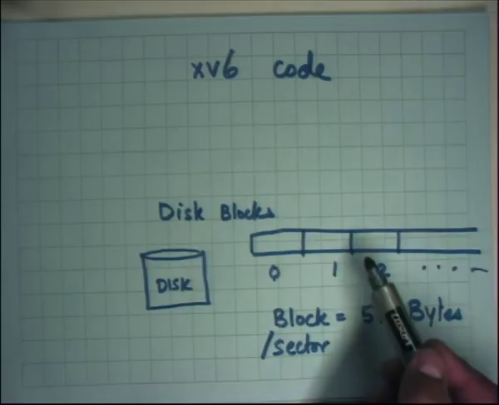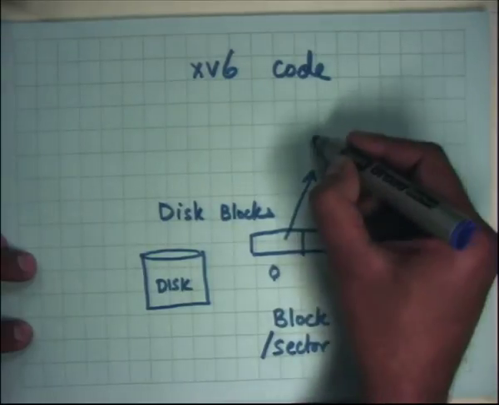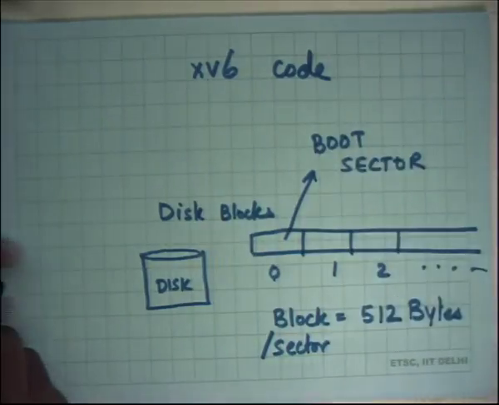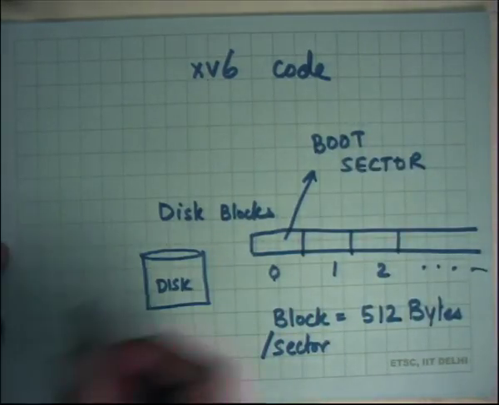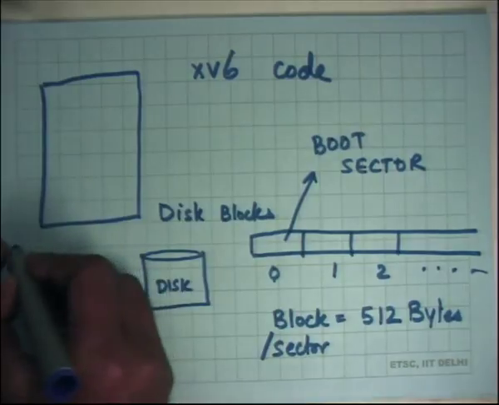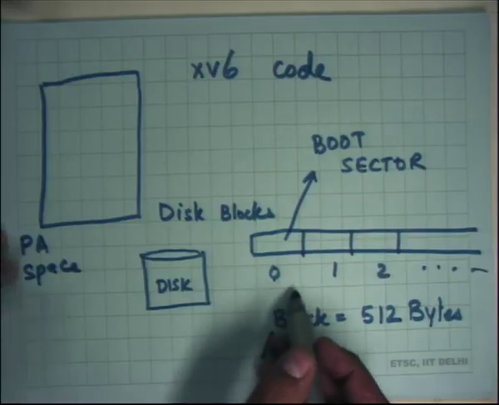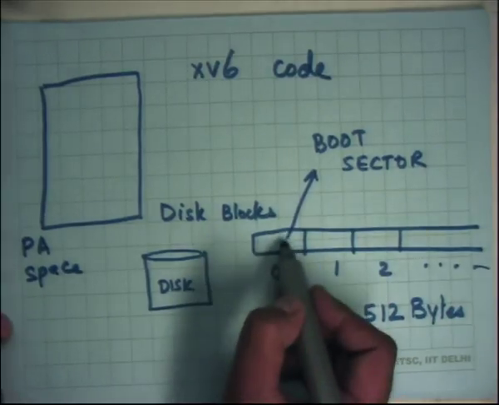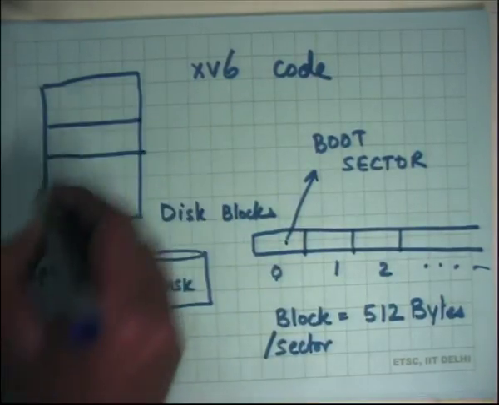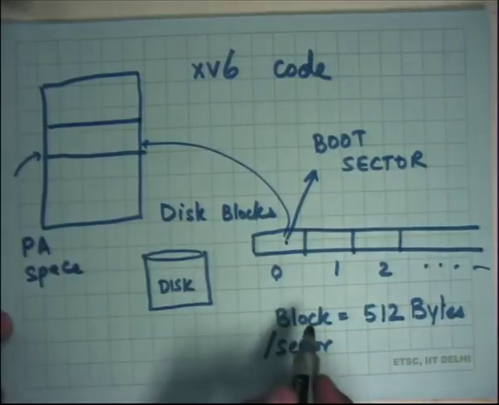Once again the architecture defines exactly how it's going to interpret the contents of the disk. The first block of the disk, block number 0, is called the boot sector. When you start up your computer, let's say this is the physical address space, the first thing the computer will do, before even the first instruction of your operating system executes, is load sector number 0 into some predefined address and transfer control to the first instruction in that sector.